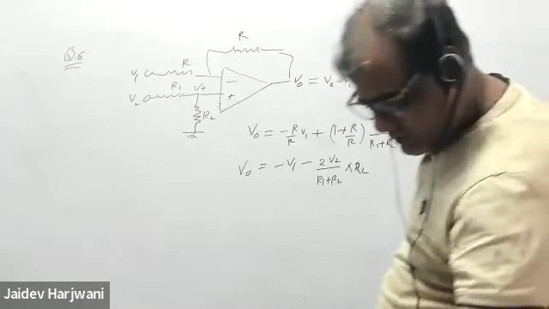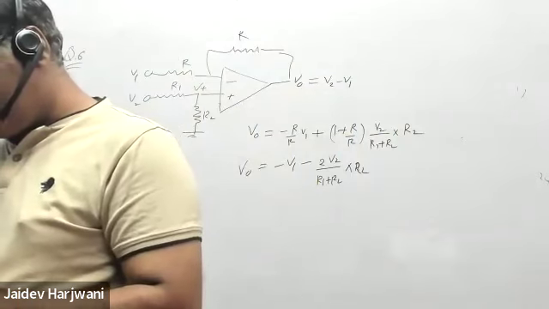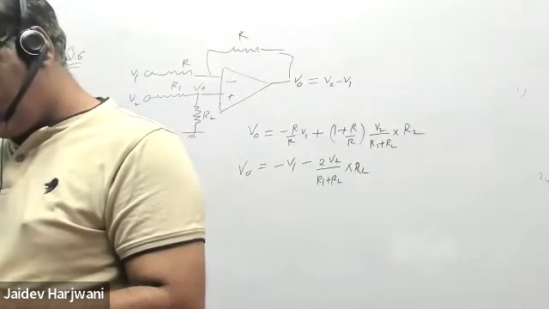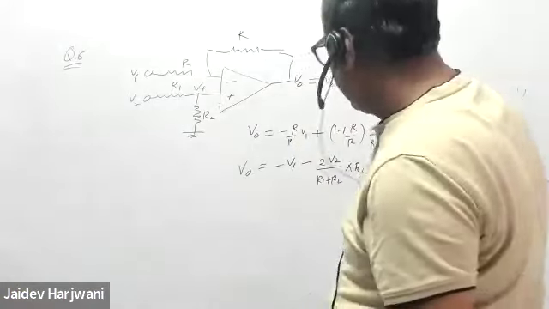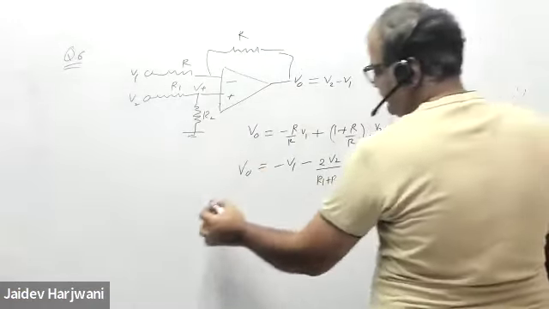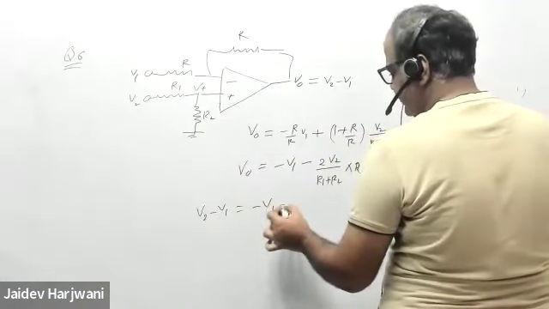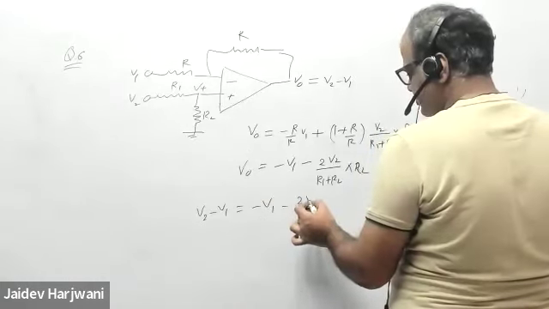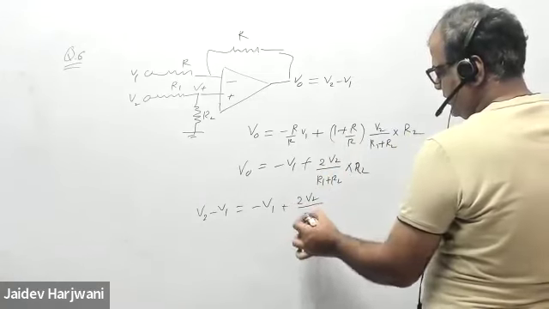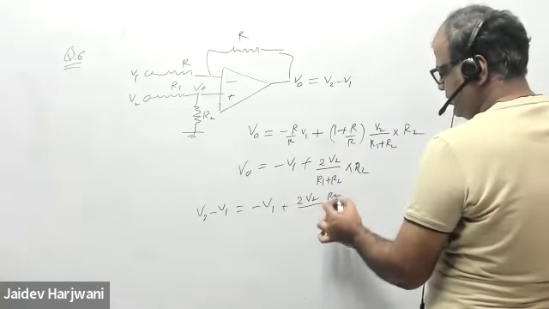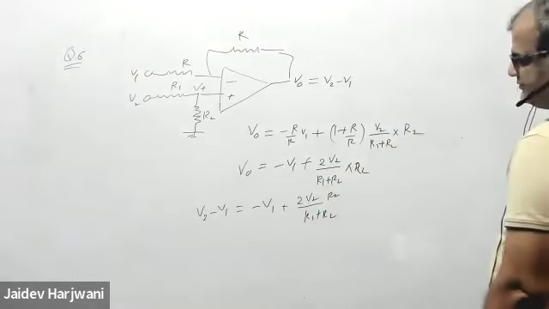Is there any value of V2? No. V naught is already given as V2 minus V1. So V2 minus V1 equals minus V1 plus 2 V2 times R2 upon R1 plus R2. Sir, it should be plus. So you can compare.